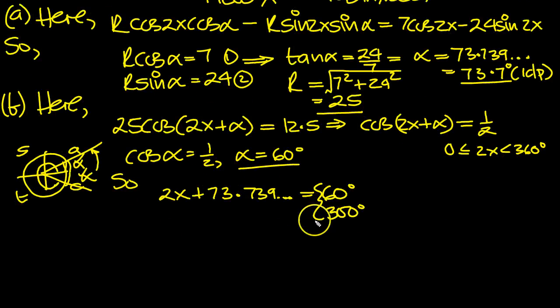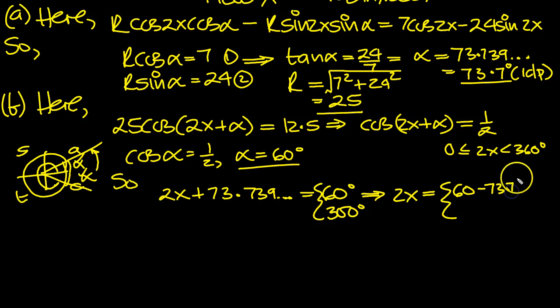So let's see what that tells us. 2x is equal to 60 minus 73.7 degrees. But that's a negative angle. We need to bring it into our range, so we need to add a full turn, don't we? This other one will be 300 minus 73.7 degrees. So that tells us what x is.